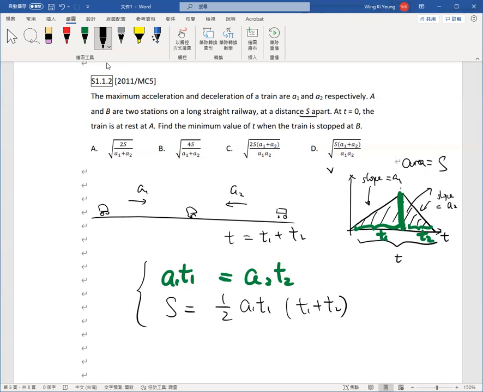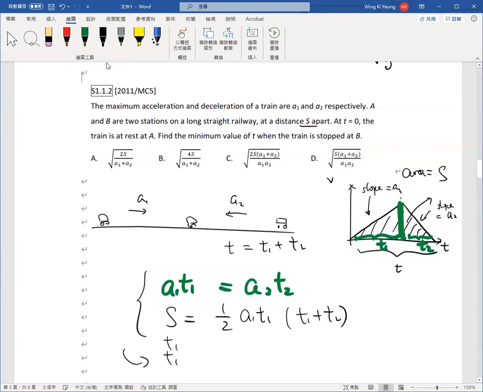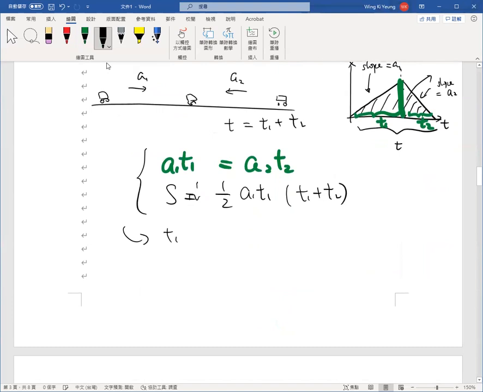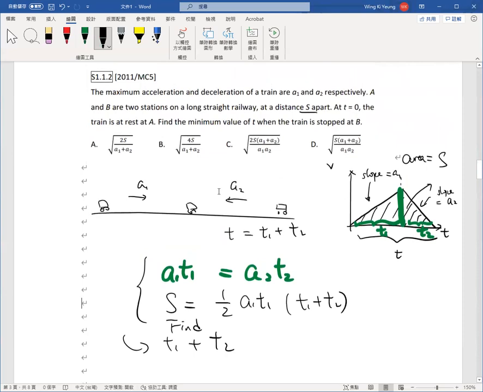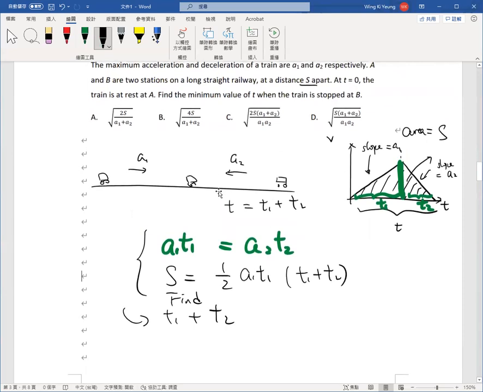I would like you to try to see if you can find T1 plus T2 in terms of S, A1, and A2. So I'll give you 3 or 4 minutes.